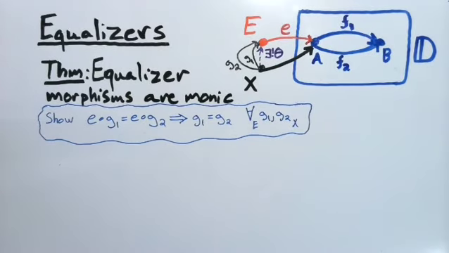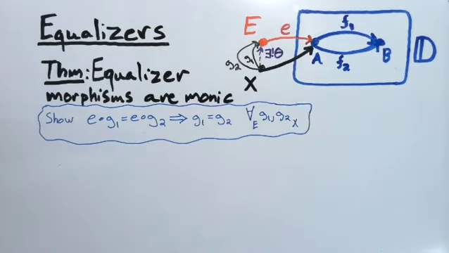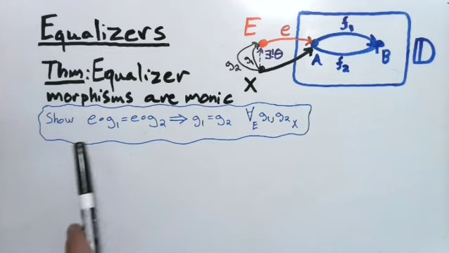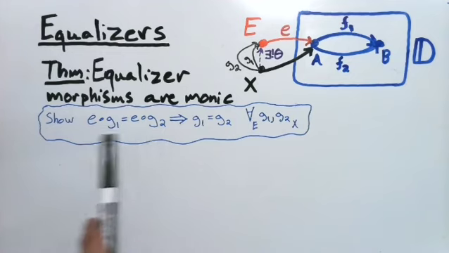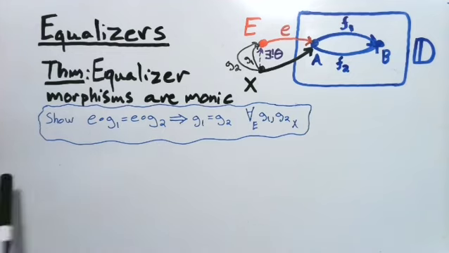Anytime we have that, we must have where their composition with E is equal. So that is E after G1 is the same as E after G2. Then it must be the case that G1 is equal to G2. So pretty obvious why it's called left cancelable. We have E on both sides of this equation on the left hand side, so we can just cancel them out and end up with G1 equals G2.